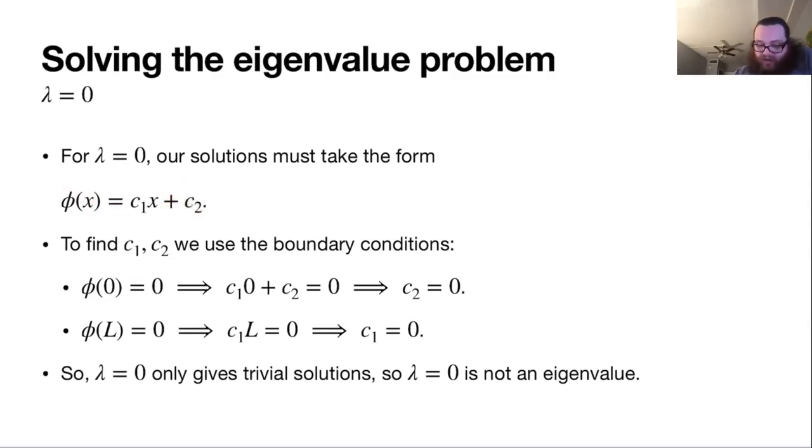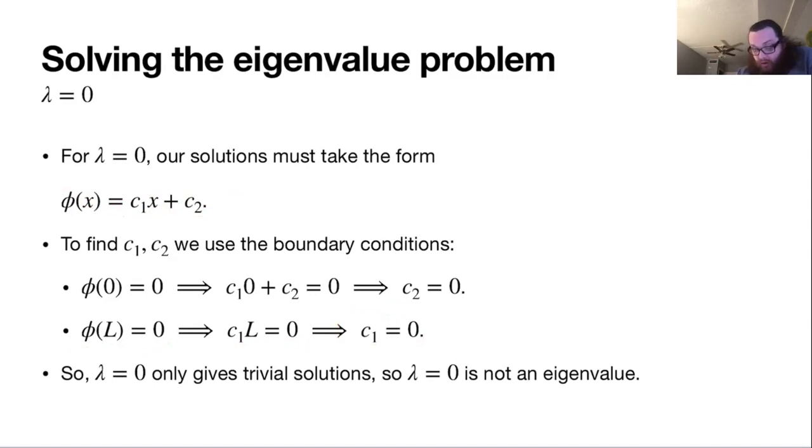Okay, and so plug in L here. Phi of L is equal to 0 tells us C1 times L is equal to 0. L is non-zero, so this is non-zero. The only possibility is that C1 is equal to 0. But now we have C1 and C2 both 0, so phi is equal to 0.